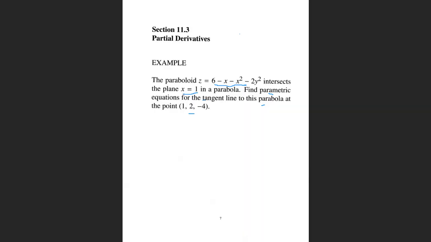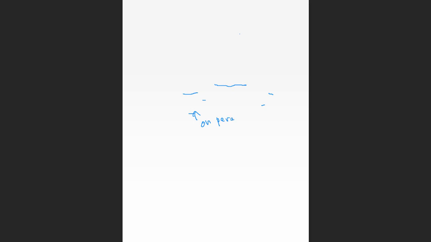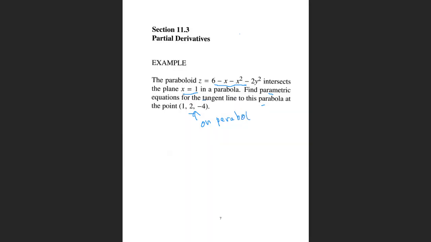Okay, you'll notice that this point here is on the paraboloid, because -4 does equal 6 minus 1 minus 1 squared minus 2 times 2 squared.